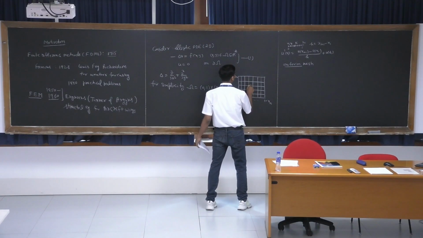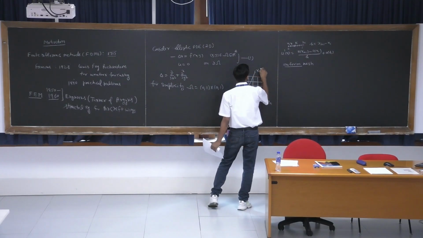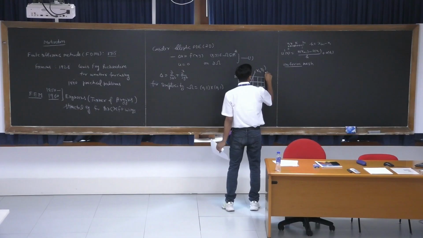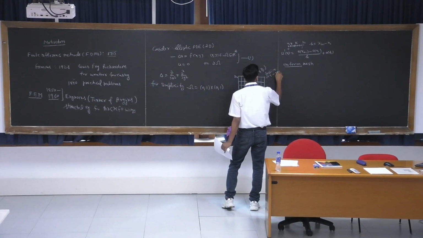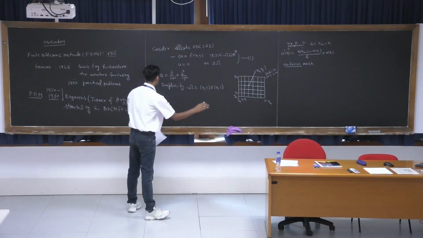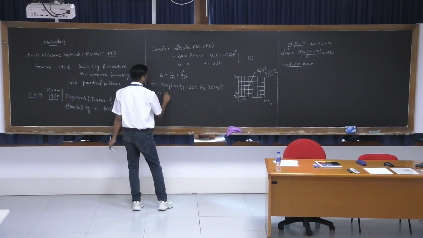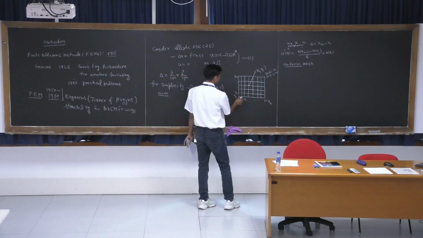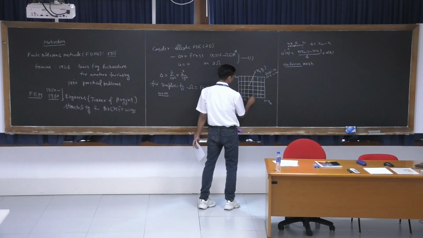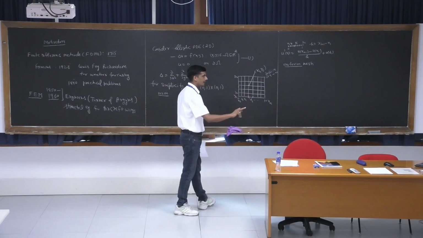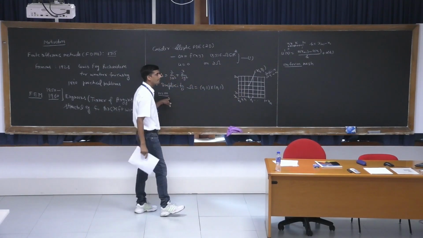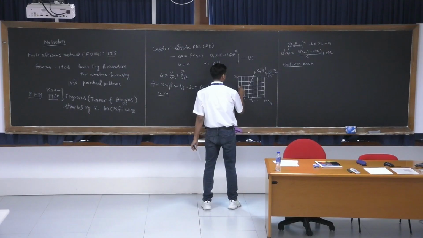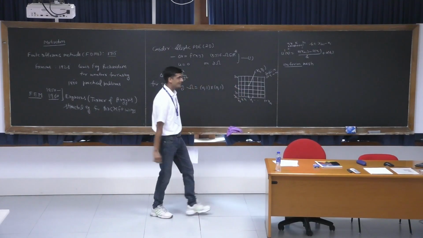And suppose this point is xi, yj, where i equals 0 to n and j equals 0 to n. But let's assume again here that n is equal to m. And I am saying this is the step length. So I am assuming h is the step length in the x direction, and the same here, because n is equal to m, in the y direction also I am assuming h is the step length.